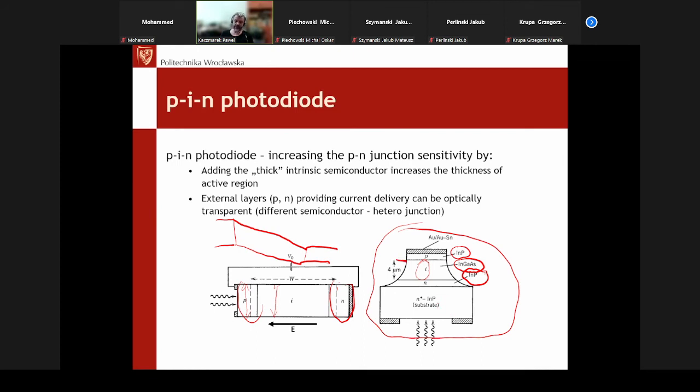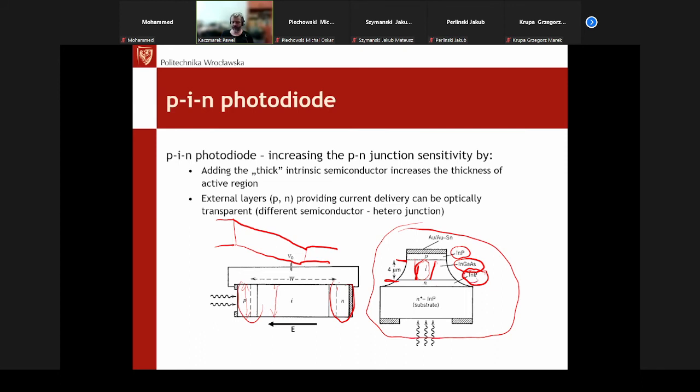Additionally, this intrinsic layer can be quite thick, so the absorption can be quite big in this layer. We can design such a photodetector to have almost 100% of the absorption in this intrinsic layer. So the sensitivity of such a photodetector can be good.